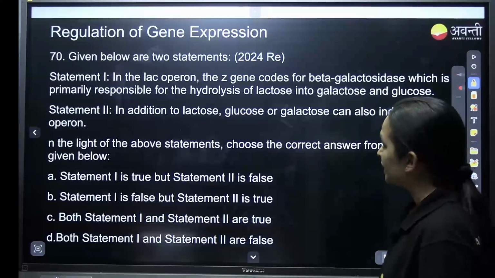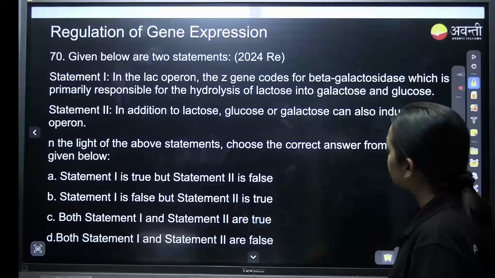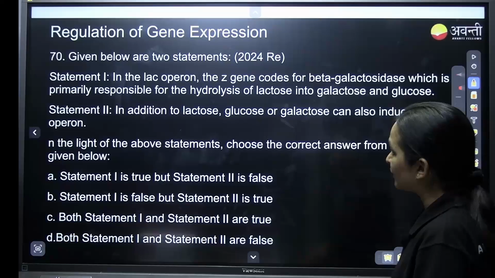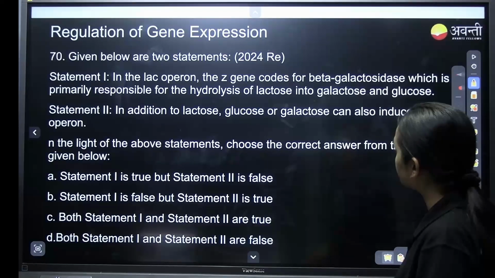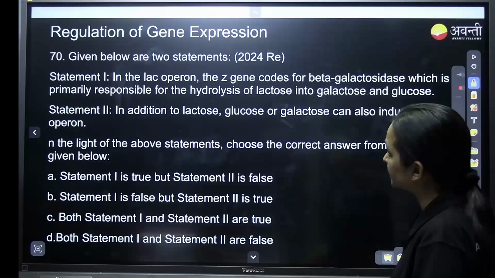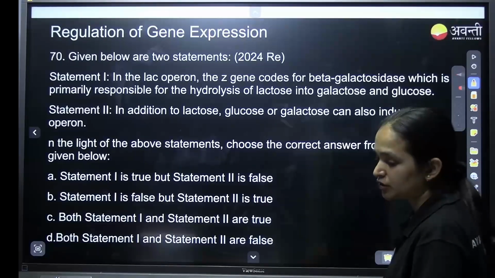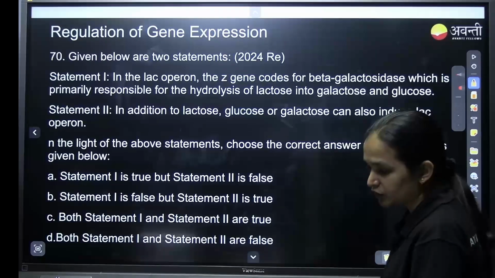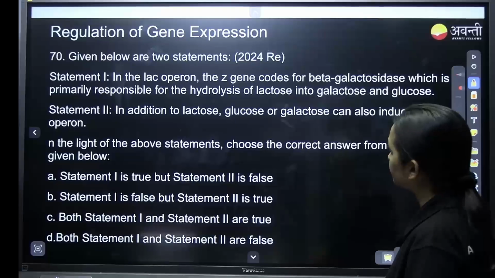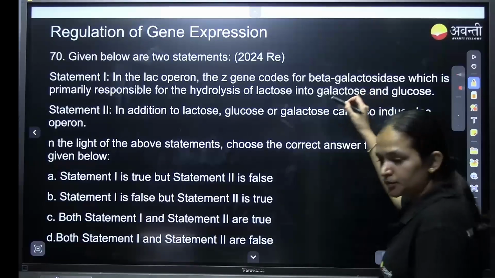Statement 1, in the lac operon, the Z gene codes for beta galactosidase, which is primarily responsible for hydrolysis of lactose into galactose and glucose. Is it correct? Z gene codes for beta galactosidase enzyme, beta gal. So, is it true? Yes.